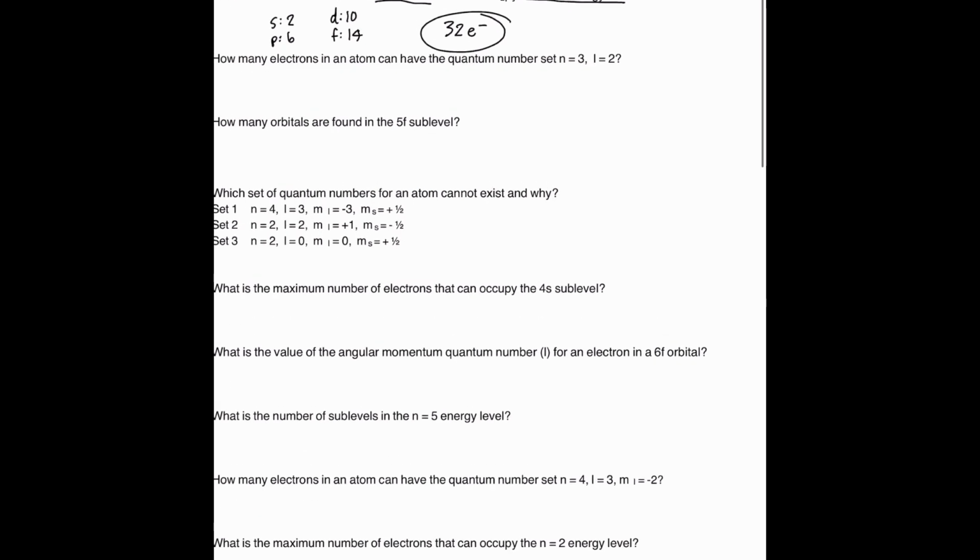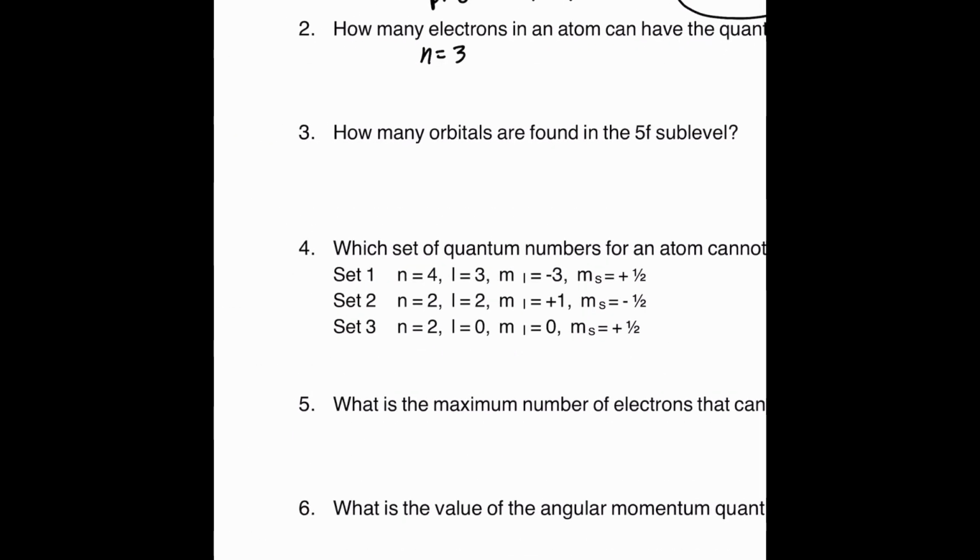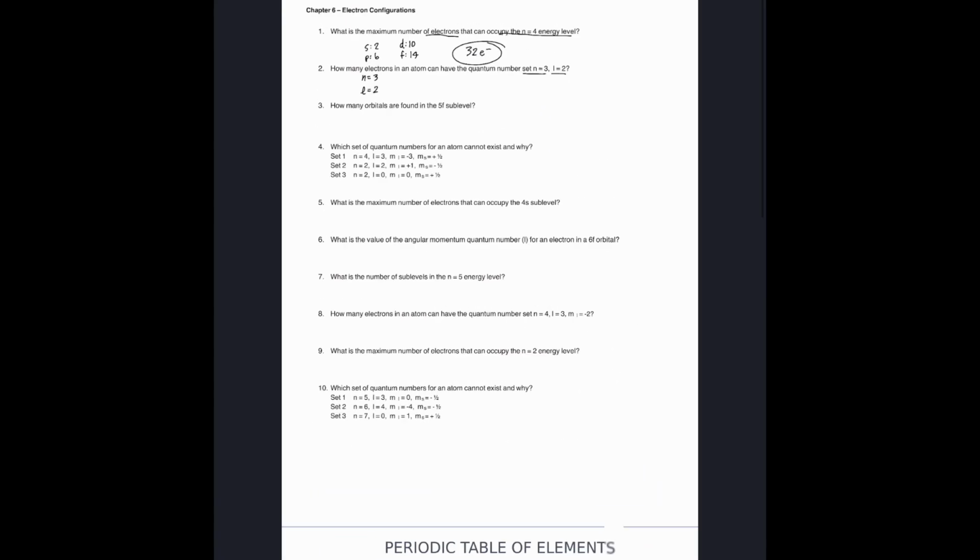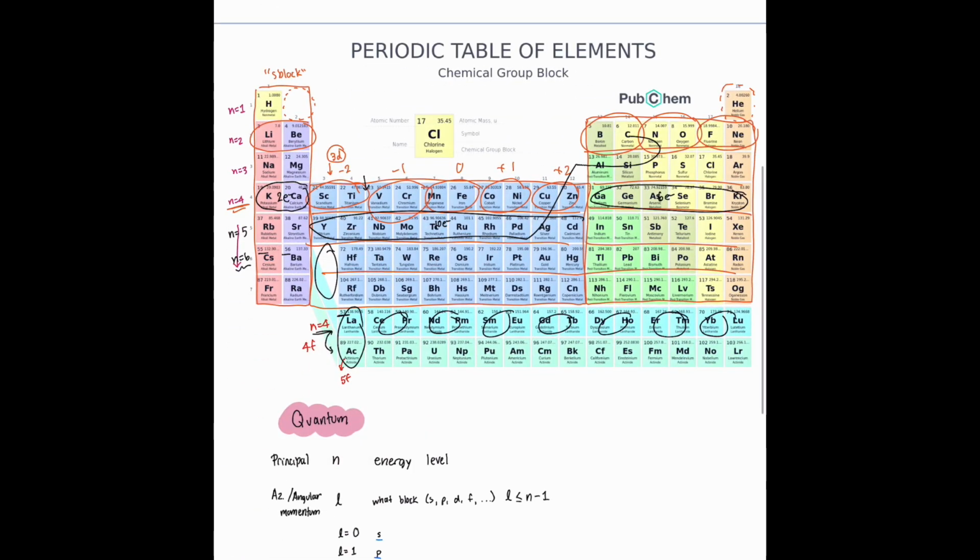Next question: how many electrons in an atom can have the quantum numbers n equals 3, l equals 2? Well, n equals 3 tells us what energy level we're at, and l equals 2 tells us what block we're at, where we memorize that l equals 2 means we are in a D block.